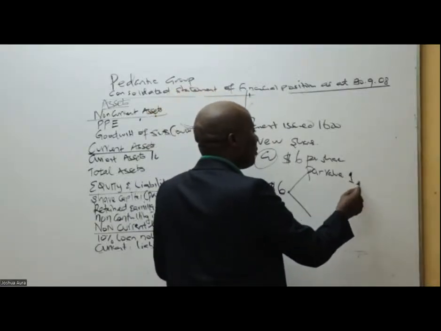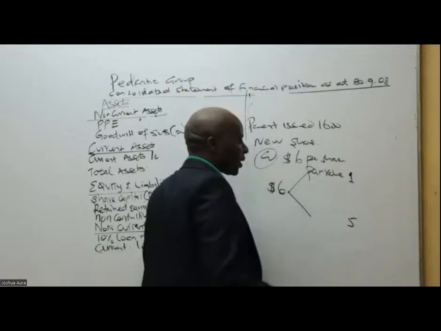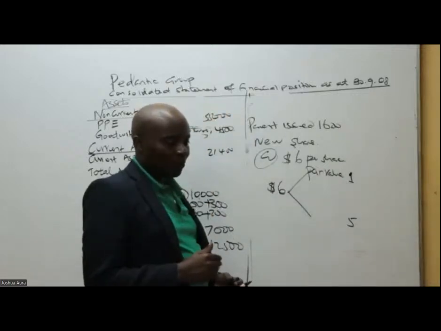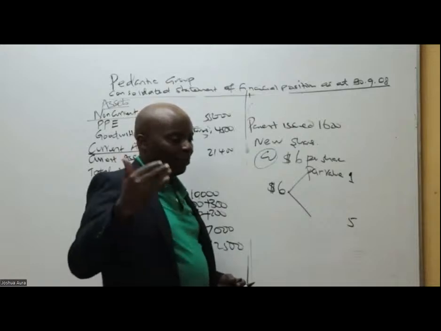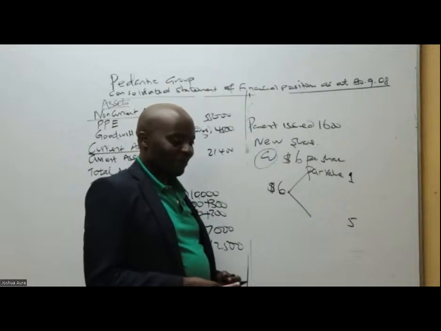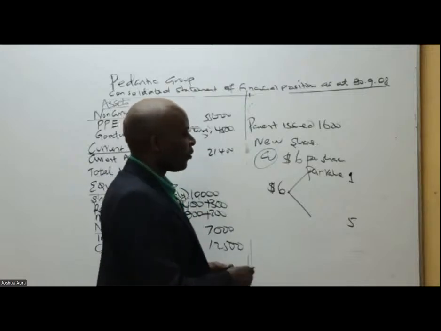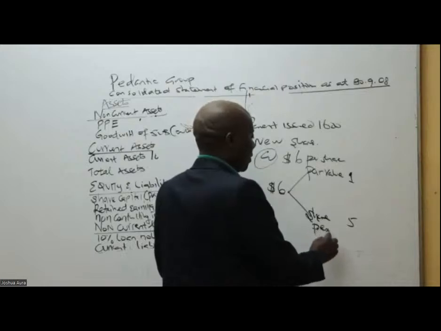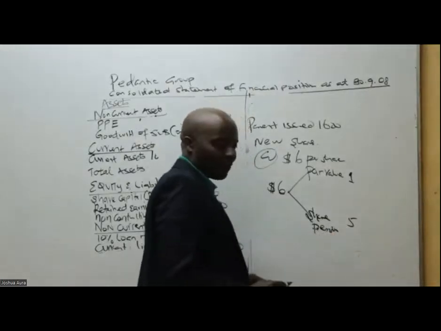So what name do I give to this 5 for me to get 6? The amount issued over and above the par value should be given which name? Share premium. Thank you very much. So share premium is 5.